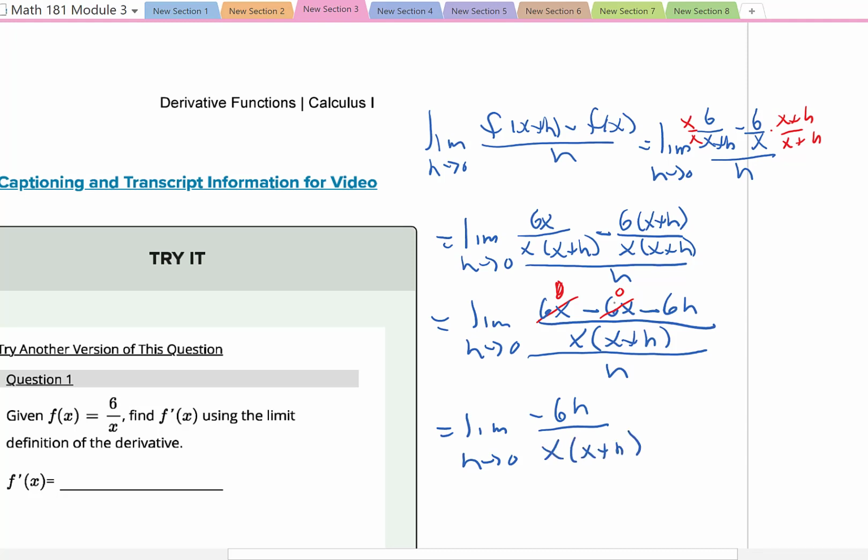Now, remember, this has all been divided by the h every time, so I could write this as times 1 over h, which is the same thing as dividing by h. In fact, let me do that in another step.